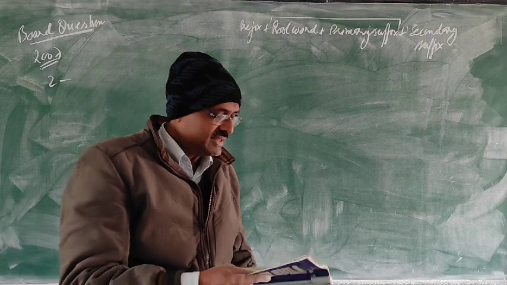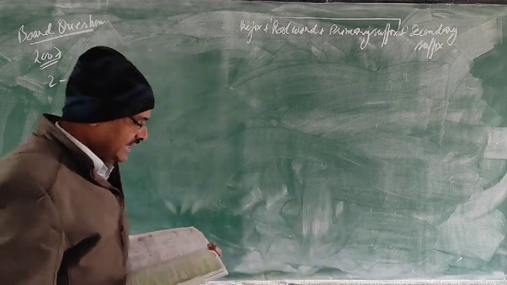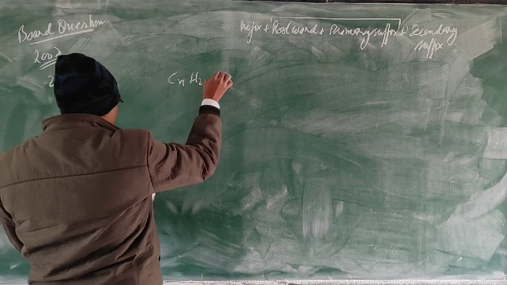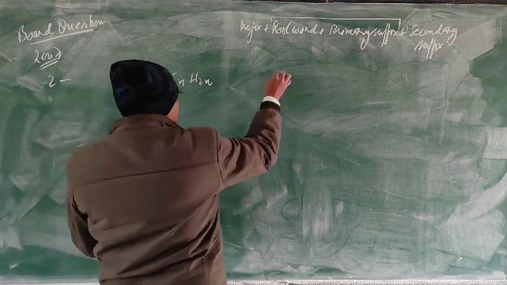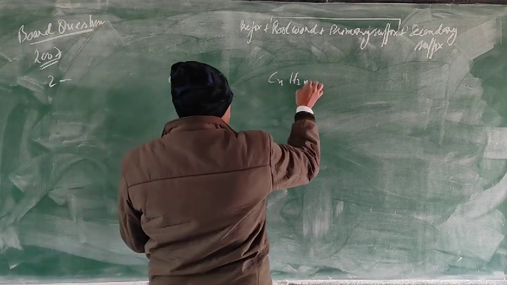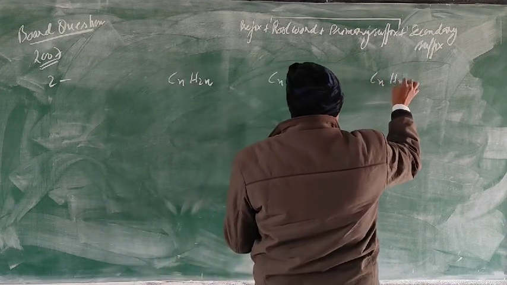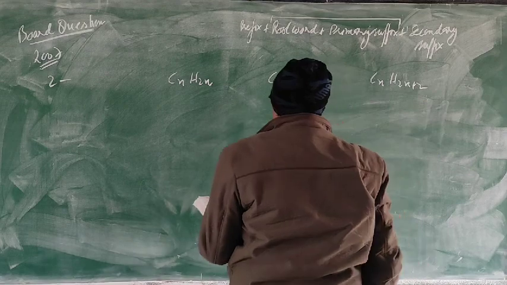The 3 homologous series given are CnH2n, CnH2n minus 2, and CnH2n plus 2.